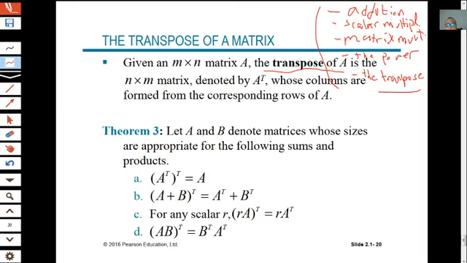So the transpose of A is the n by m matrix denoted by A transpose whose columns are formed from the corresponding rows of the matrix A. Theoretically, a matrix is given here, Aij, m by n.